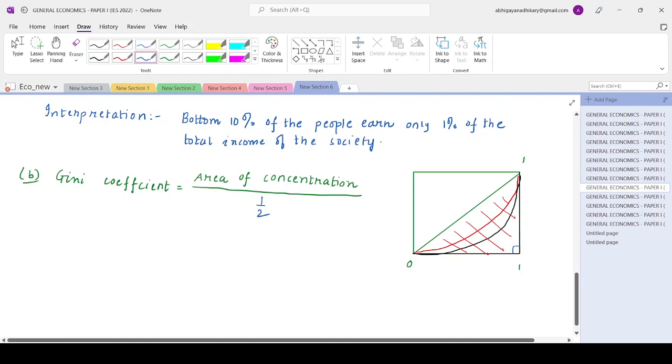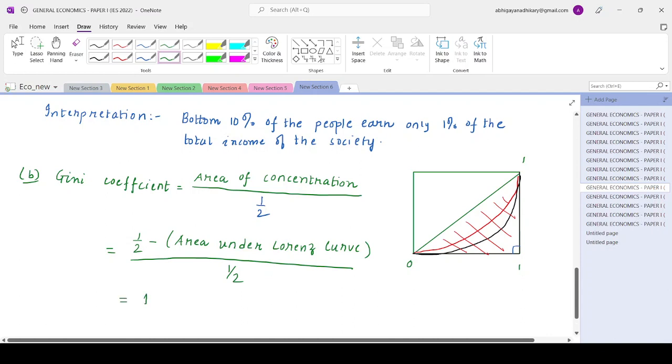So this is the definition of the Gini coefficient. Now the area of concentration is the total area of this right angle triangle, half, minus the area under the Lorenz curve, the whole divided by half. So you basically have 1 minus 2 times the area under the Lorenz curve.